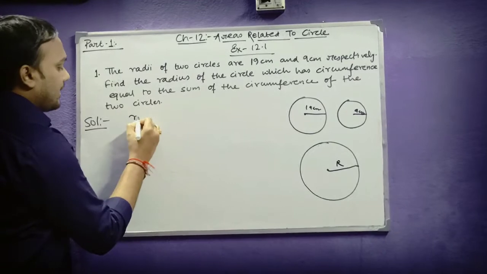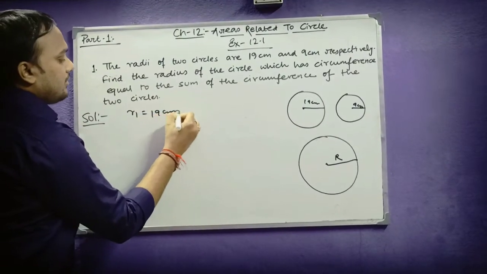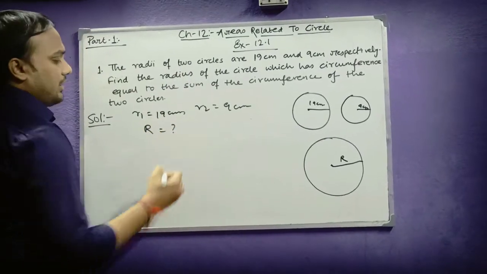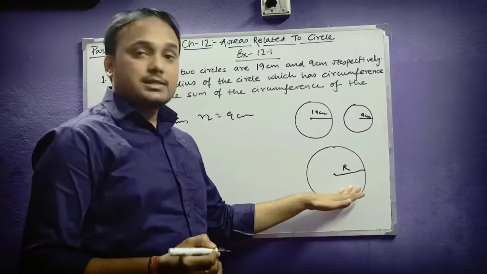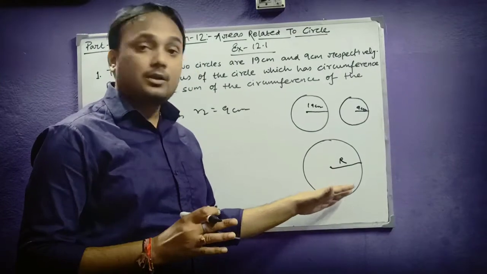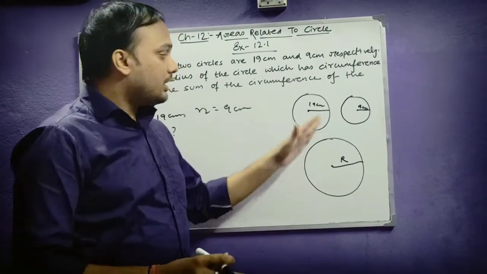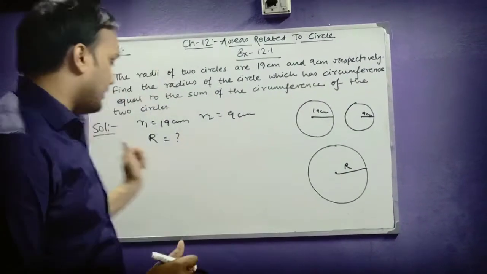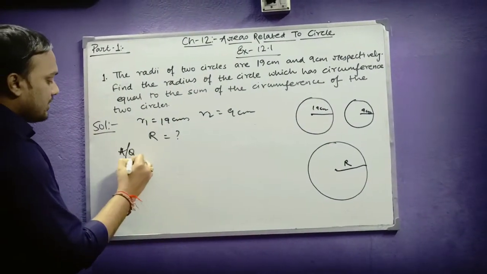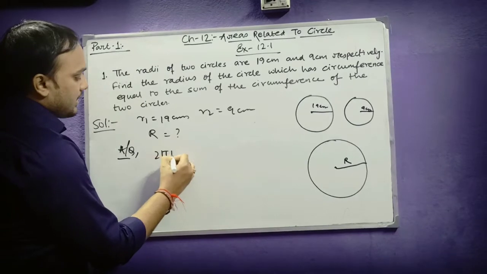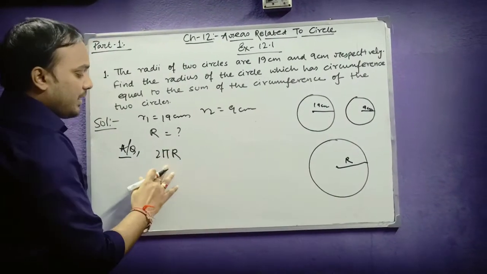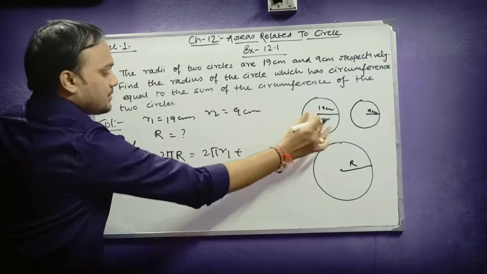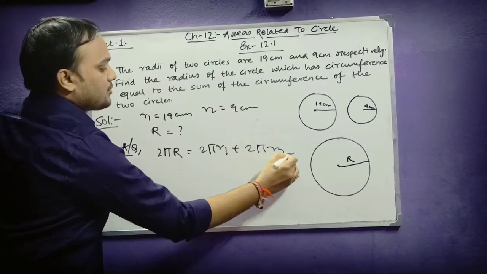Here R1 equals 19 centimeter, R2 equals 9 centimeter, and we need to find R. R is the radius of the circle which has a circumference equal to the sum of the circumferences of the two given circles. So according to the question, the circumference of this circle, that is 2 pi R, equals the sum of the circumferences of these two circles, that means 2 pi R1 plus 2 pi R2.